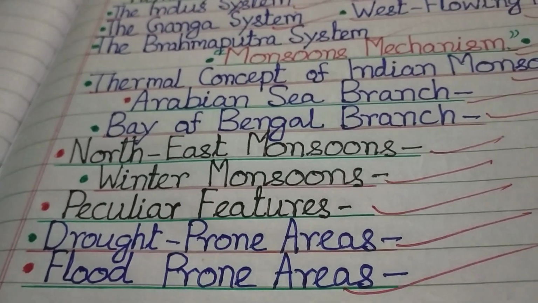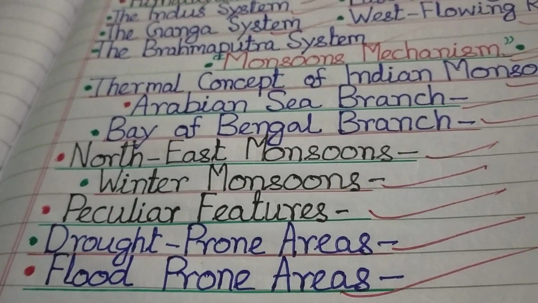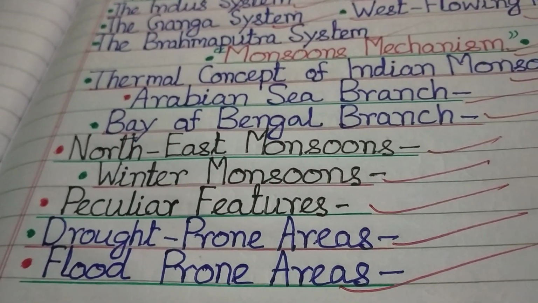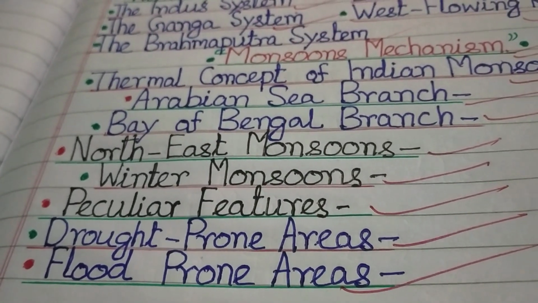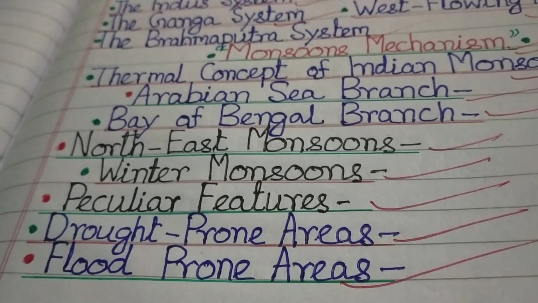And the fifth major important step could be expeditious completion of ongoing hydroelectric projects. So these are the planning measures for the drought-prone areas.